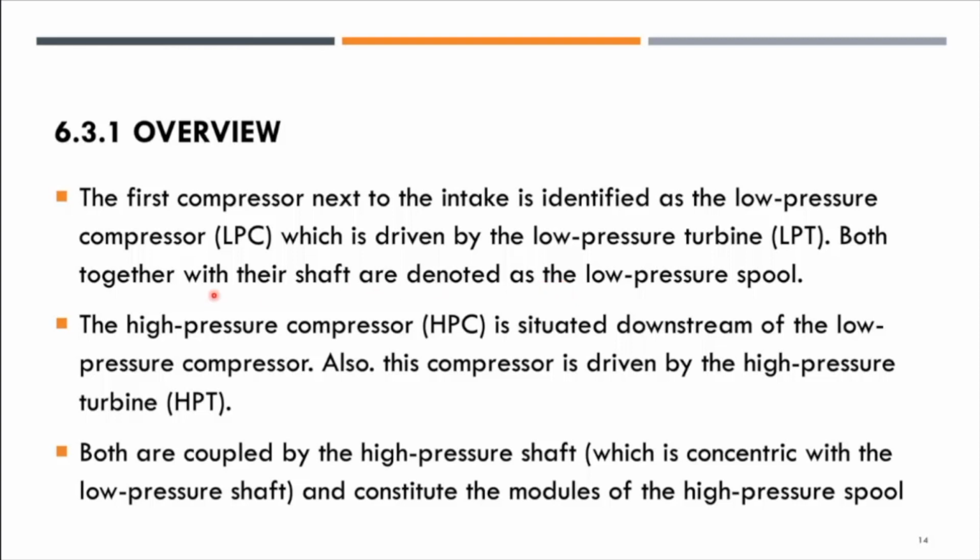With regard to the next compressor, the high pressure compressor, it is normally situated downstream of the low pressure compressor, and this compressor is driven by the high pressure turbine via the shaft. Both are coupled by the high pressure shaft, which is concentric with the low pressure shaft, and these constitute the modules of the high pressure spool.